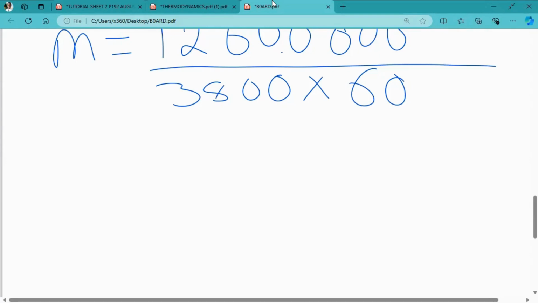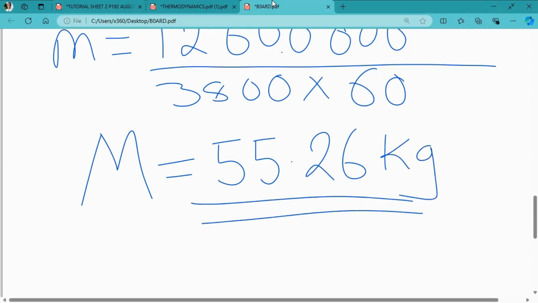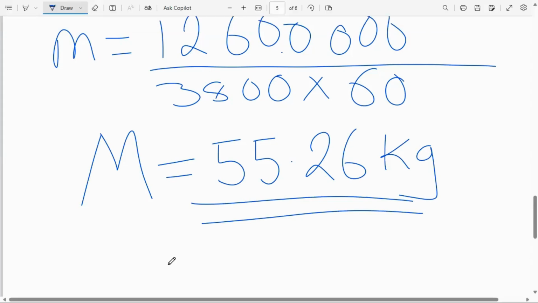This is giving me 55.26 kilograms. So the mass of our liquid is equal to 55.26 kilograms, like this. Any question?